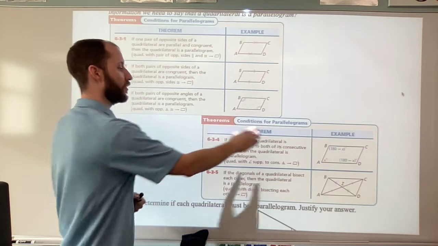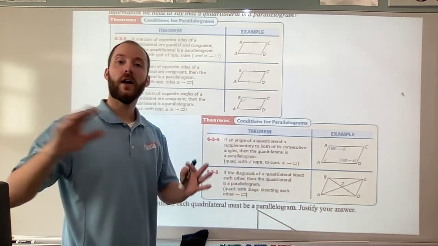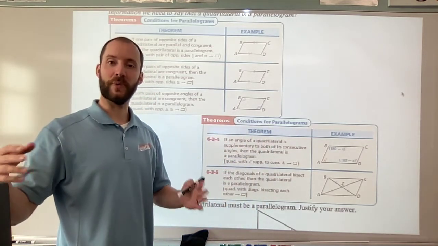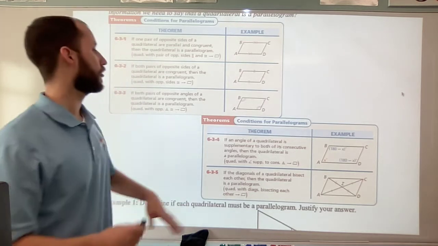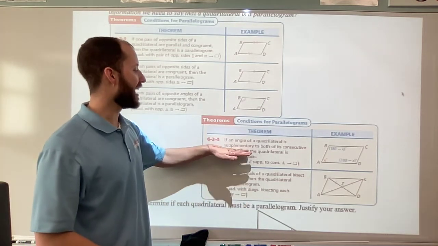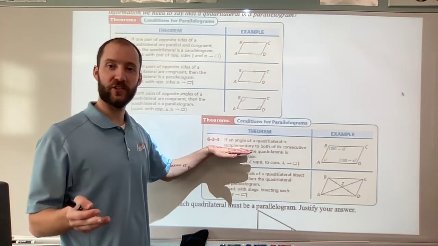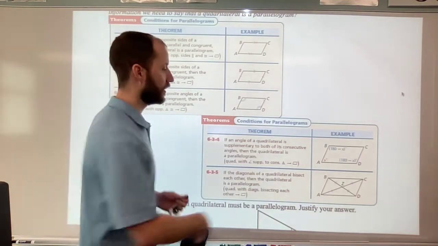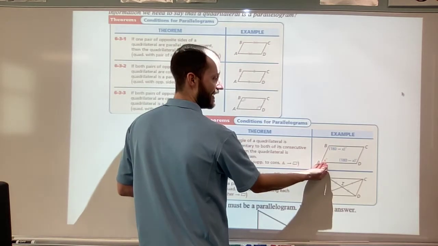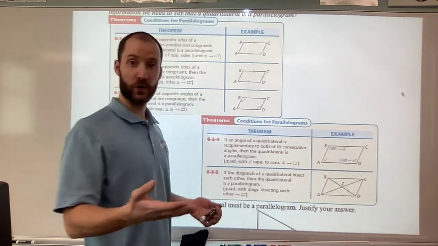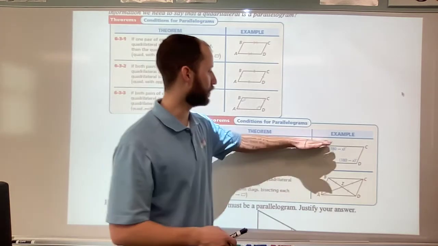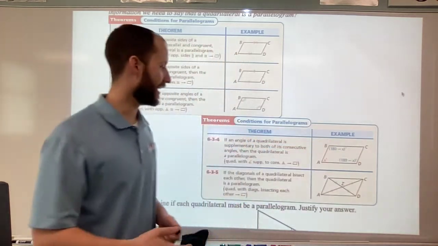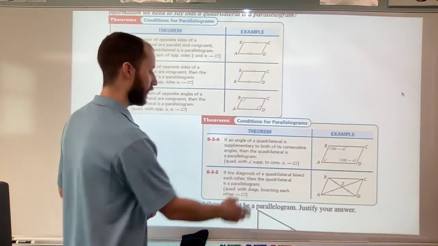if we have a quadrilateral, so of course these shapes have to be quadrilaterals, and there's an angle that is supplementary to both of its consecutive angles. So angle A is supplementary to both at the same time, angle B and angle D. Then it's a parallelogram.